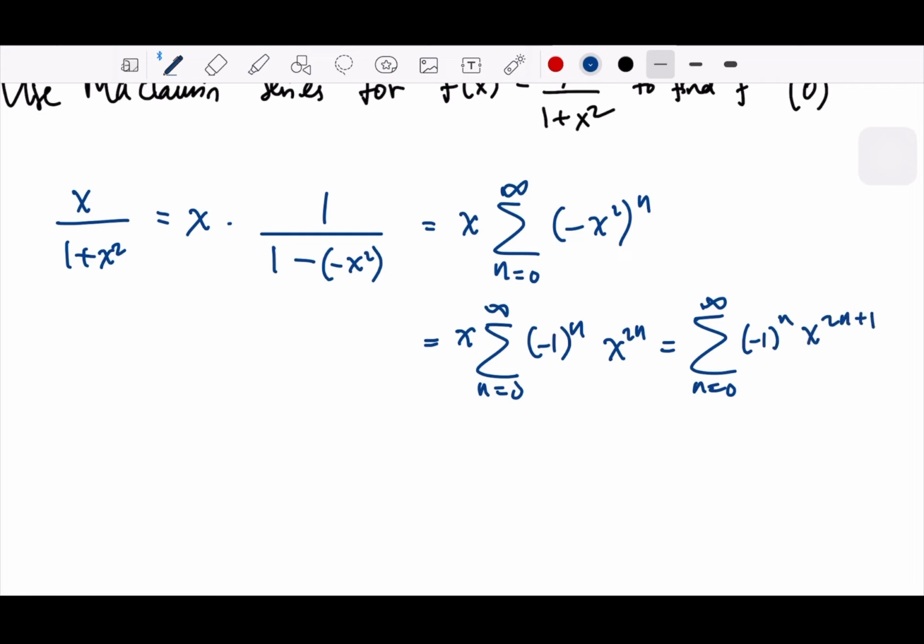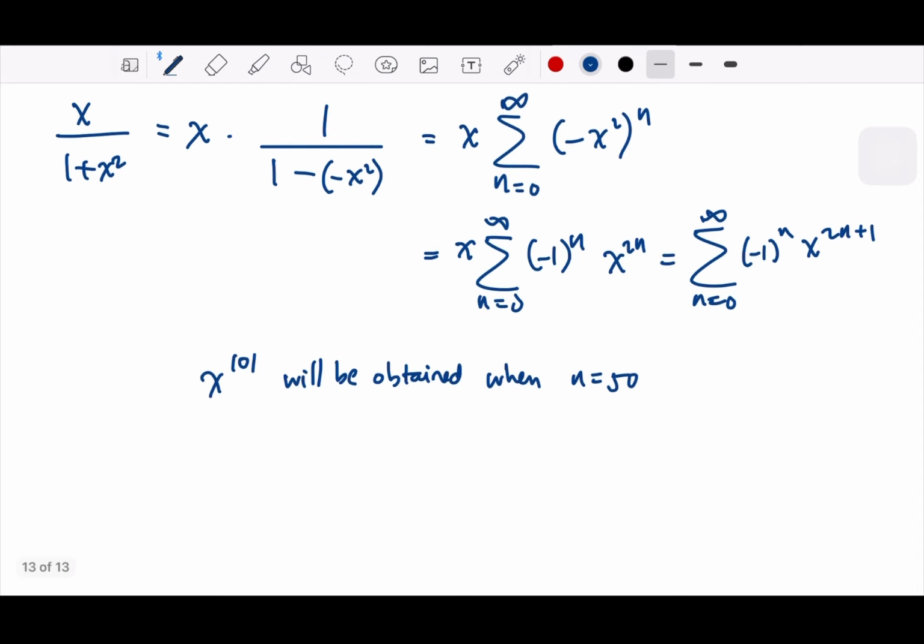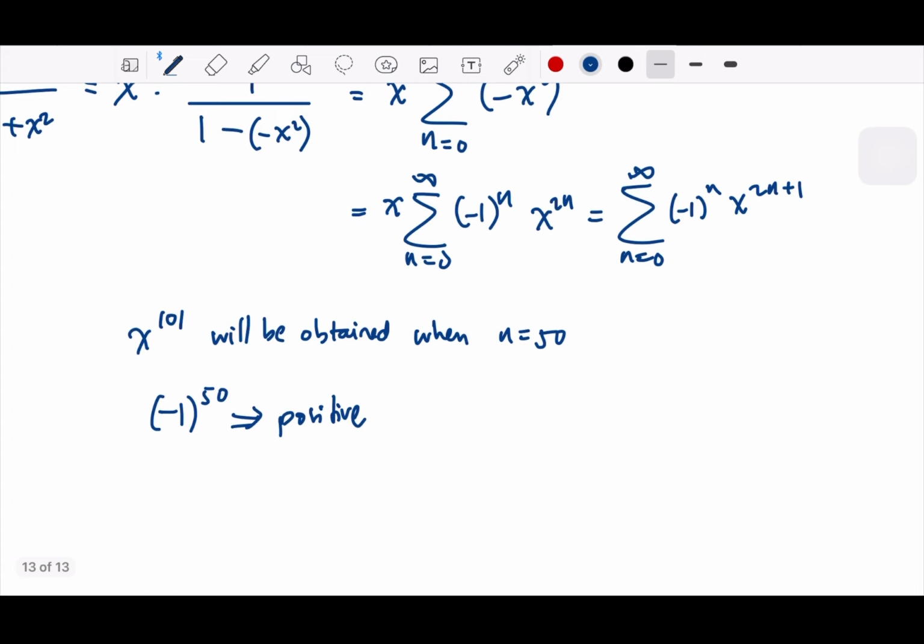Okay. Now x with power of 101 will be obtained when n is equal to 50. And -1 to the 50 is positive, even, right? So when n is 50, we will have x with power of 101.